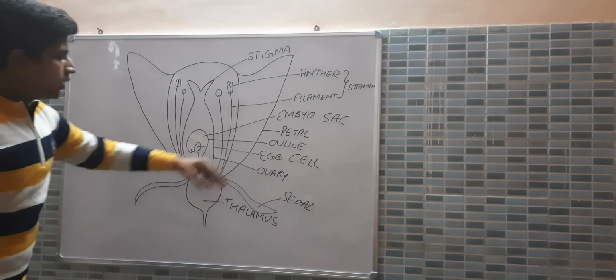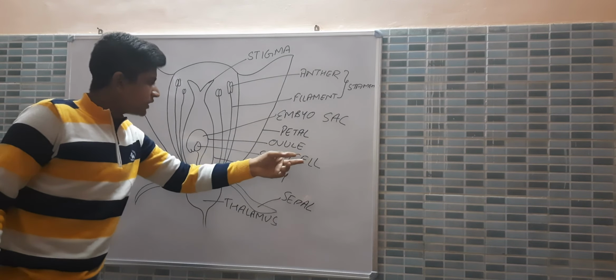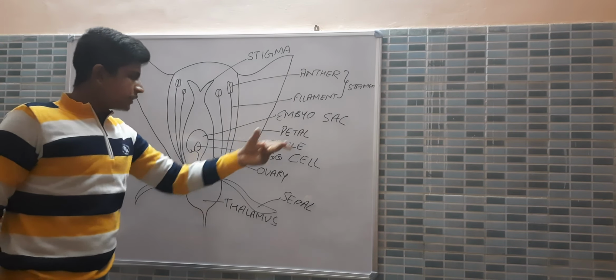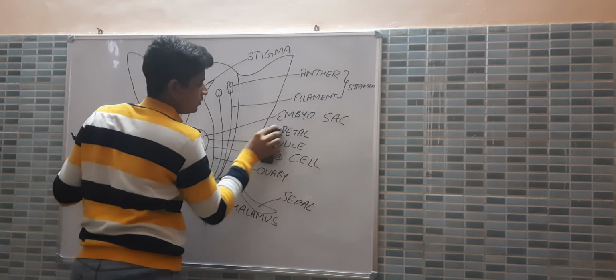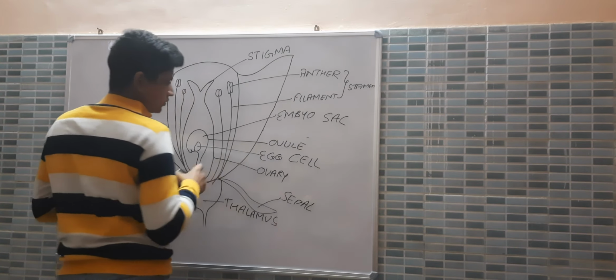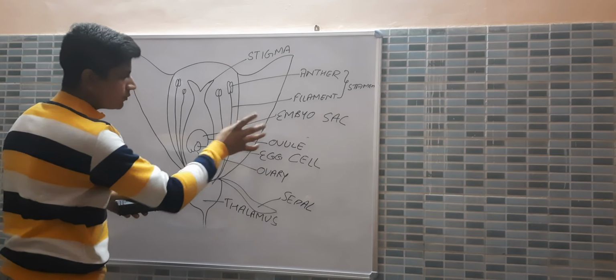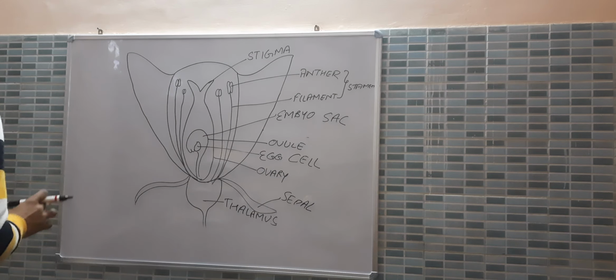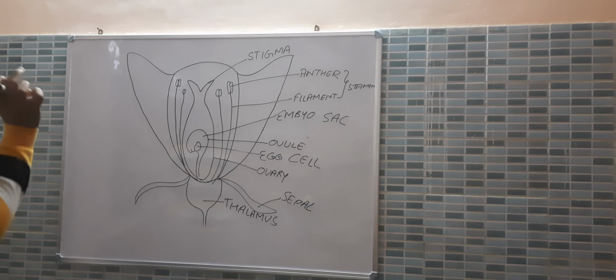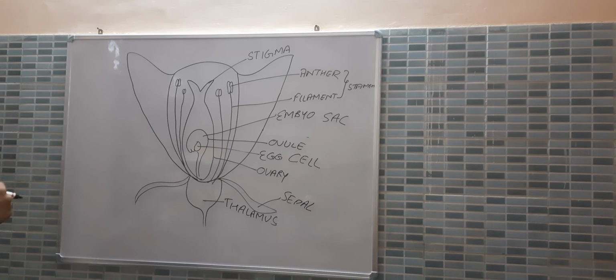See now, this embryo sac, then ovule, not petal here. Erasing here, petal. Correct, this is petal only. Embryo sac, ovule, stigma, style, ovule. So what is style?